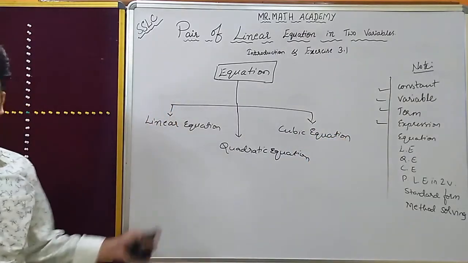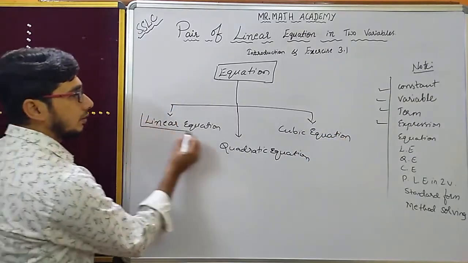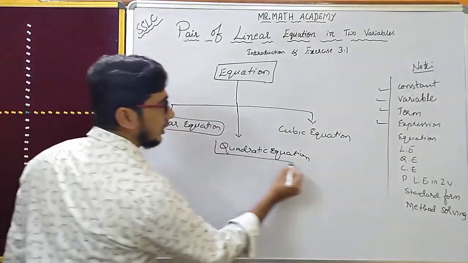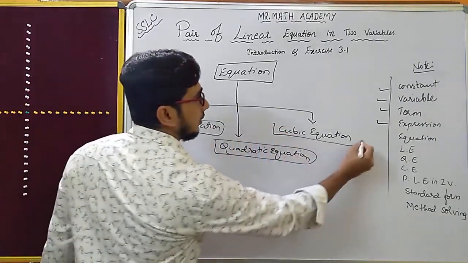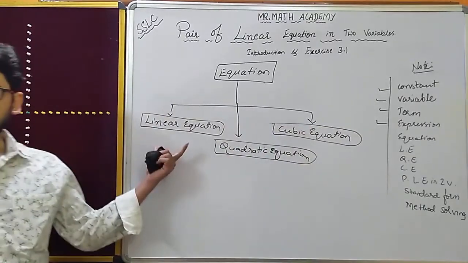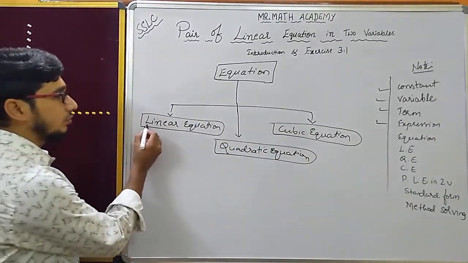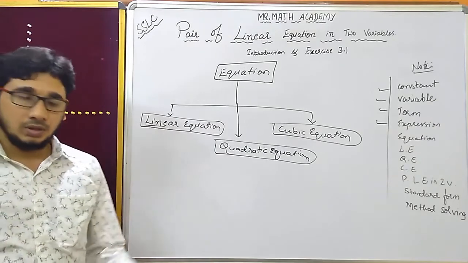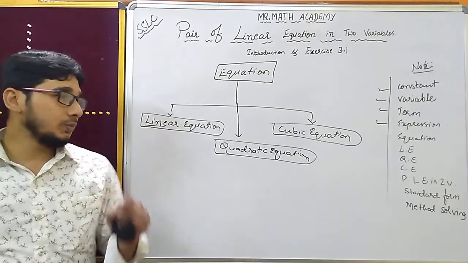Let me classify separately and we'll study about these things. So what is linear equation? I'll tell you the meaning of linear. Linear means the power of the variable should be 1.